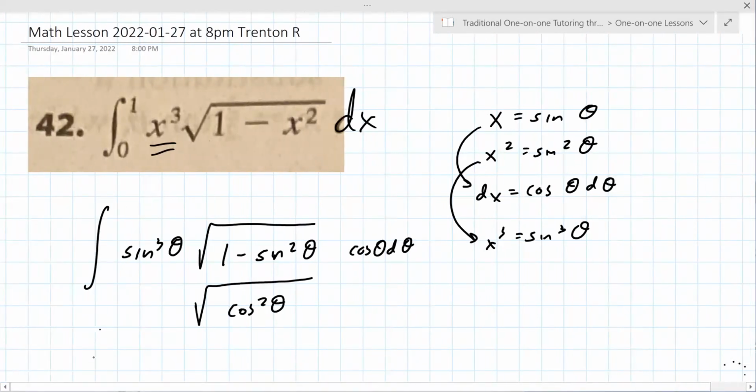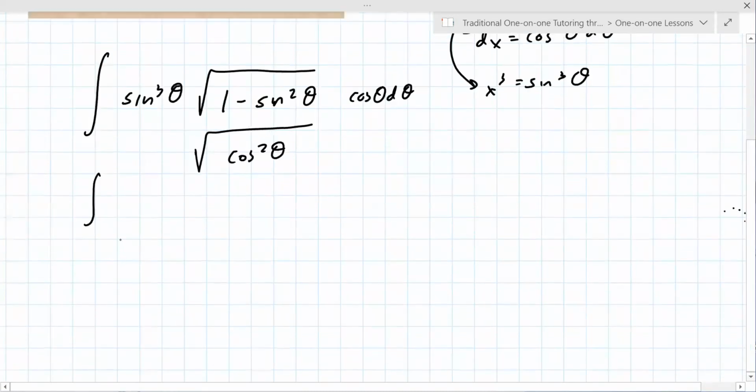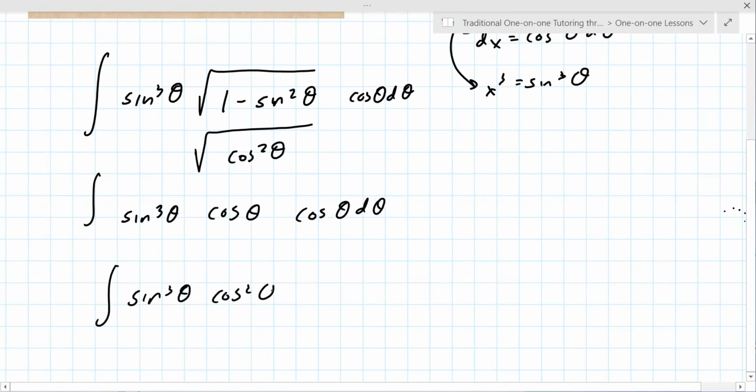Okay, so this becomes the integral of, and these get pretty sophisticated, sine cubed theta cosine theta d theta, which becomes the integral of sine cubed theta cosine squared theta d theta. Is all of that clear up to that step? Okay.